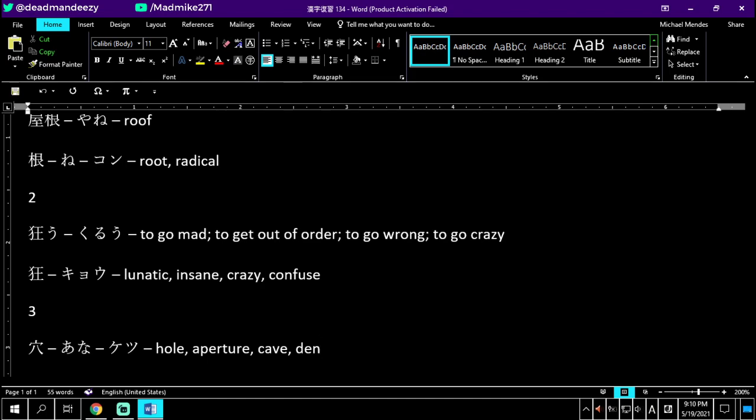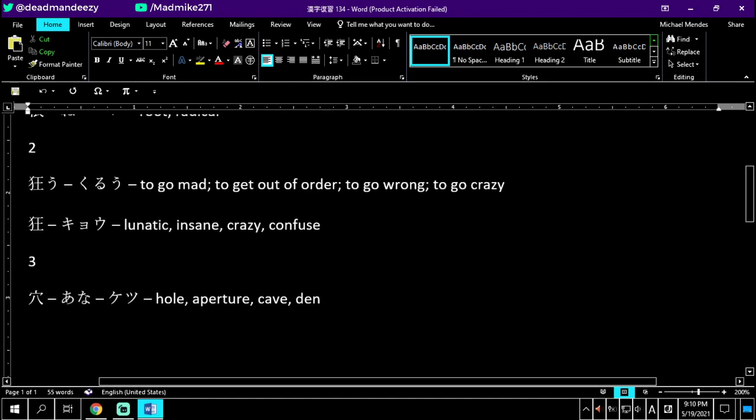Ana, hole, a cave, or a den. Ketsu. Number 4. Number 5 is going to be a cheek.